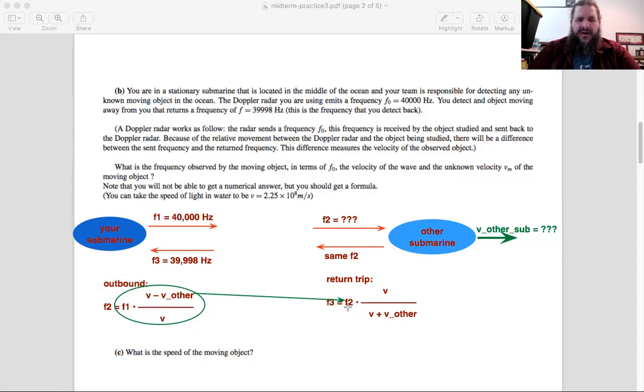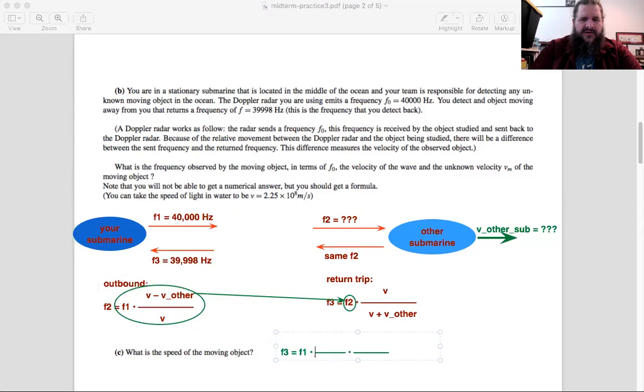Everywhere you see F2 in the other equation, you can just replace that F2 with this formula, F1 times V minus V other over V. So let's try that. If we combine these together, we get F3, just copying out the return trip equation, equals, and then replacing F2 with the formula we have for F2.